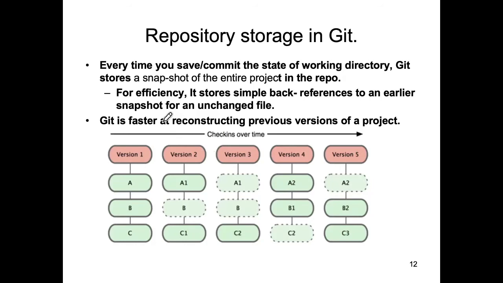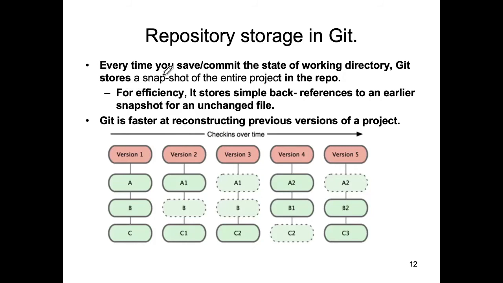So that's the way Git physically stores your updates to files in the repository. So I'm saying here, every time you save or commit file state changes from the working directory, they're stored as complete snapshots. In fact, what happens is it takes a snapshot of the entire project.